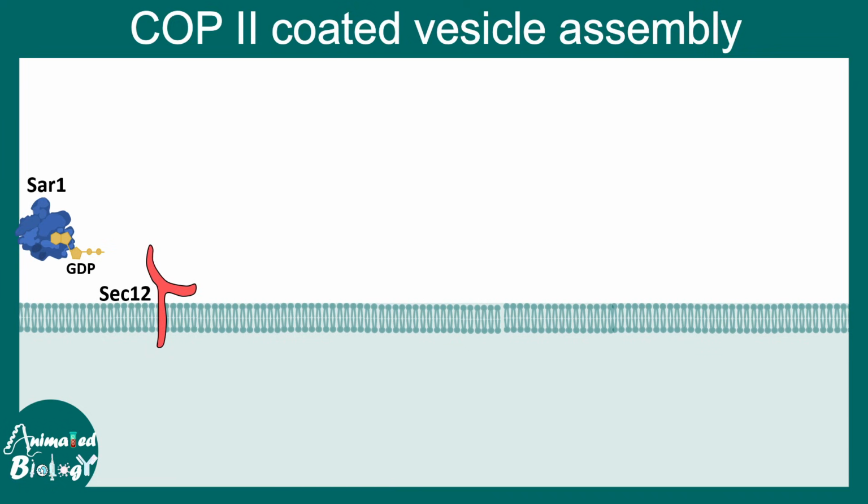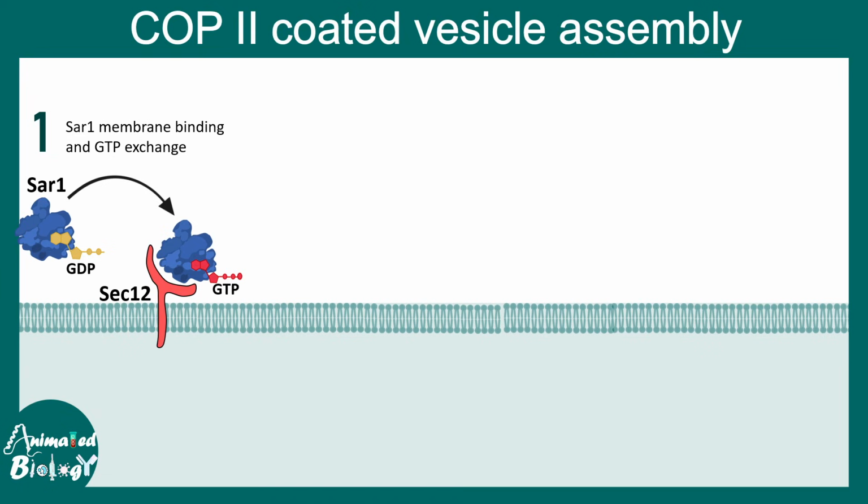SAR1 binds to Sec12, which is a receptor for SAR1, and it exchanges GDP for GTP. The GTP bound activated SAR1 embeds itself into the membrane with a hydrophobic N-terminal region.